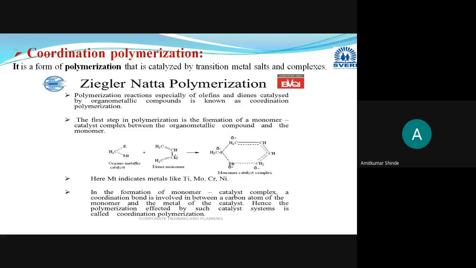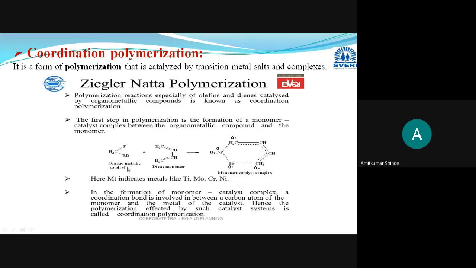Due to the coordination of that added metal salt, the polymerization process starts. That's why it is termed coordination between that accelerator, or you can say the catalyst, and that particular monomer, which is needed here. That's why it is termed coordination polymerization.